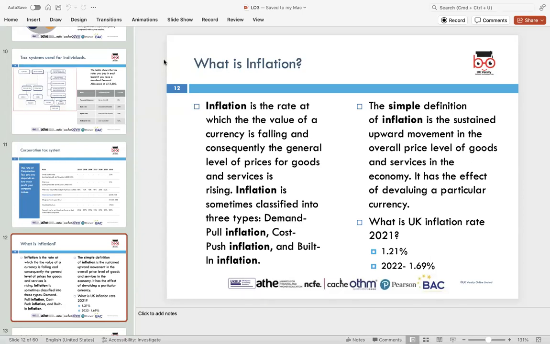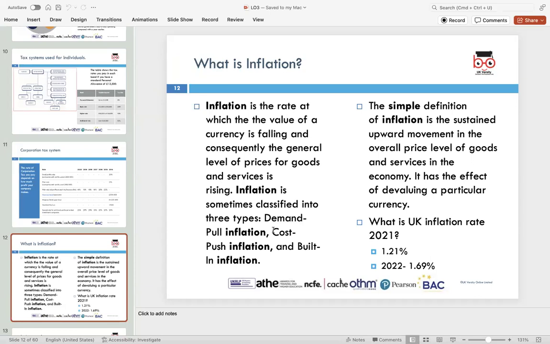There are three types of inflation: demand pull inflation, cost push inflation, and built-in inflation. The term inflation can be defined as the persistent increase in the overall price level of goods and services in the economy, which ultimately leads to the devaluation of currency.